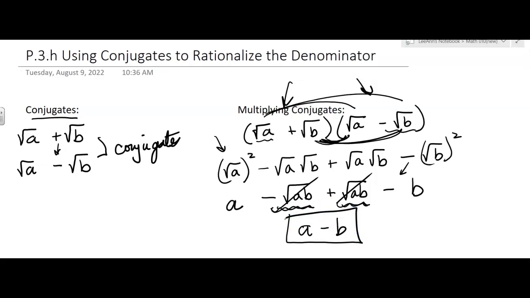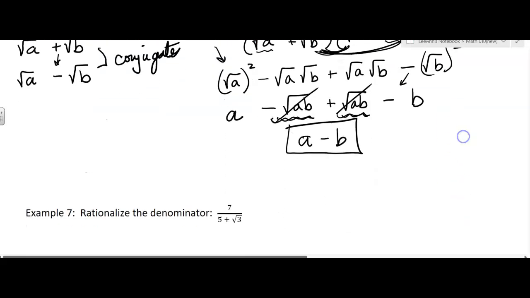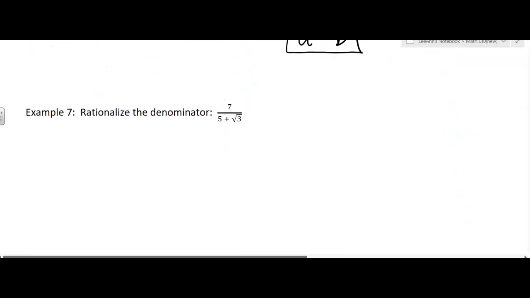So when we're working with these square roots, we can use the concept of conjugates to get rid of the square root sign. So we're going to use that to rationalize the denominator. Now, why isn't this the same as the problem we did before? Like, why do I have to learn about conjugates? Why can't I just multiply by the square root of 3?